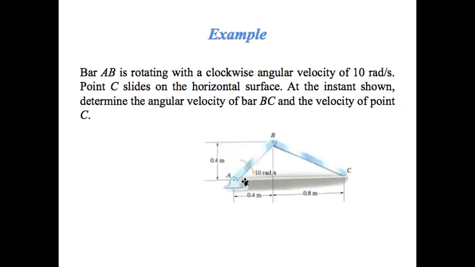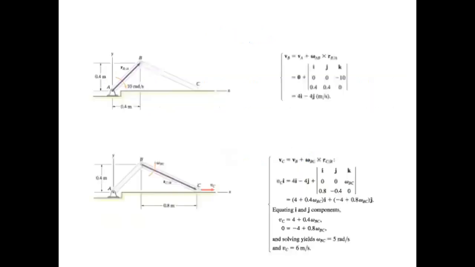Bar AB is rotating at a clockwise angular velocity of 10 radians per second. Point C slides on the horizontal surface. At the instant shown, determine the angular velocity of bar BC and the velocity of point C. Look at this figure, okay?